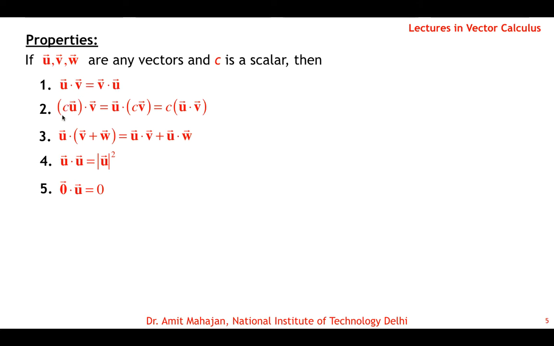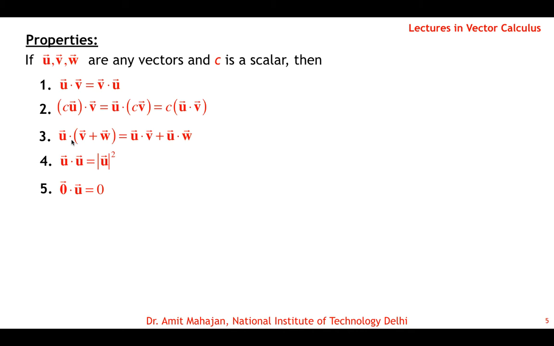Second, if we scale one of the vectors with a constant c and then take the dot product with v, it is the same as if we scale the second vector with the same scalar c and take the dot product with u, or if we take the dot product first and then scale it with the same constant. All three give the same scalar quantity.